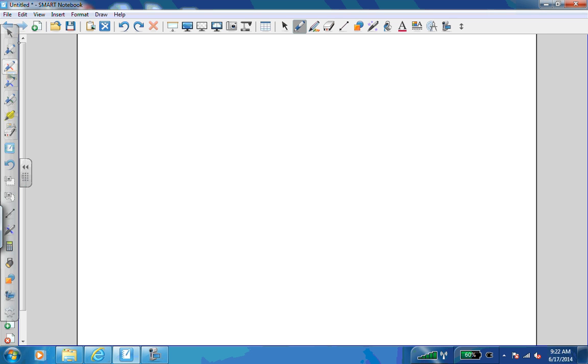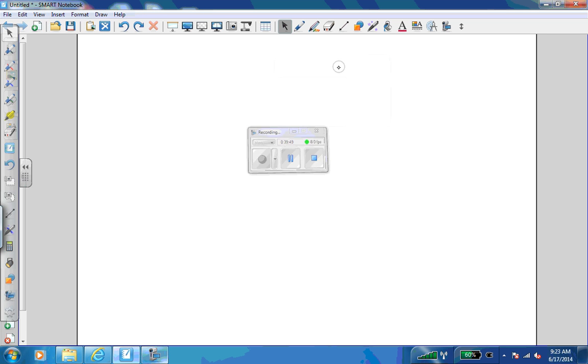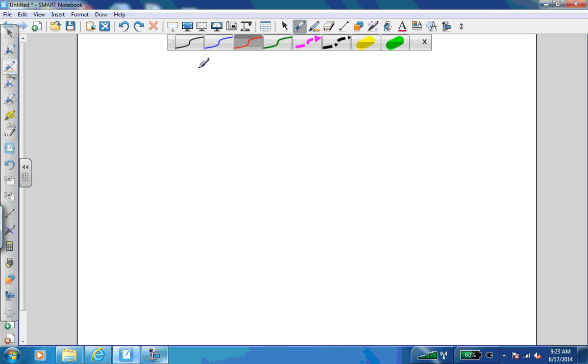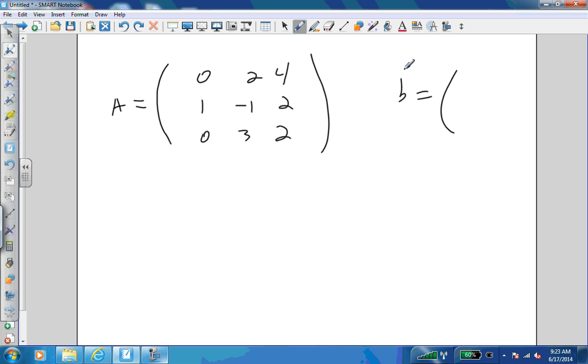So let's solve a system of equations that involves finding PA. Let's look at the system where we have A as 0, 2, 4, 1, negative 1, 2, 0, 3, 2, and B has negative 1, 2, 4.